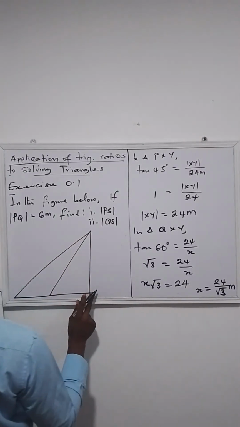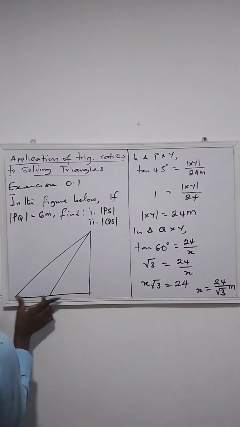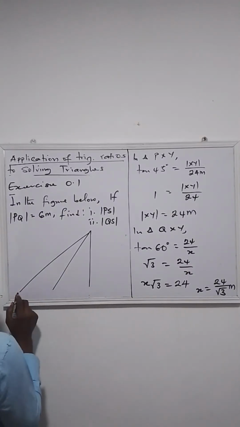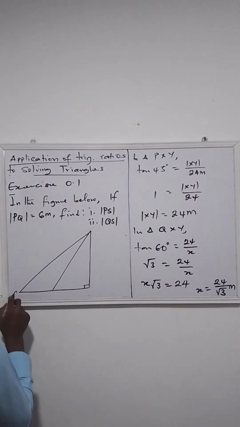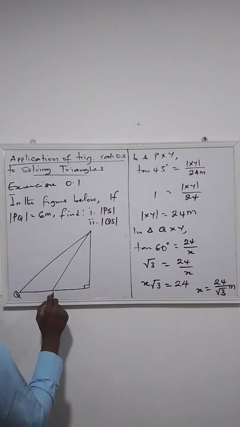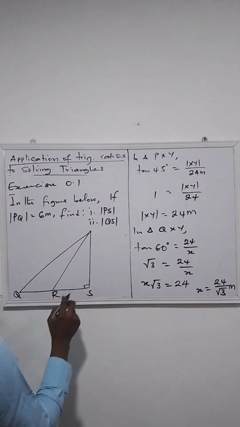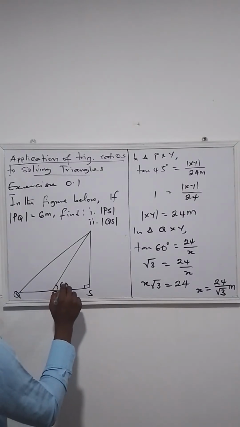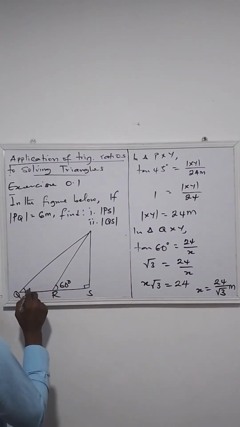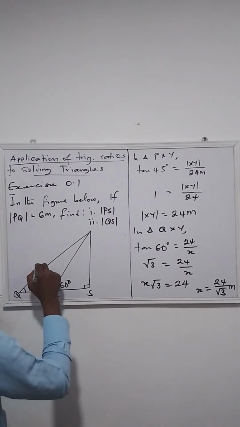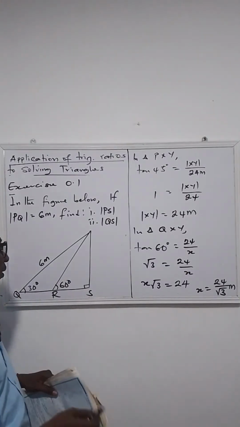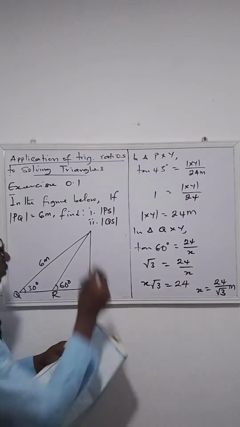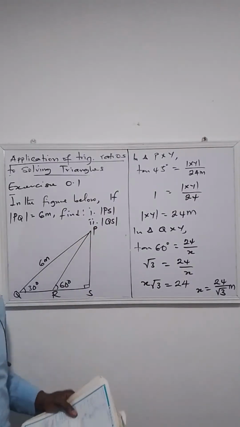Okay, this is R, this is S. This is 60 degrees. This is 30 degrees. This is 6 meters. And this is P. So this is the question.